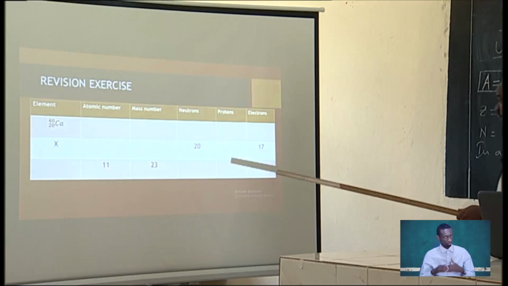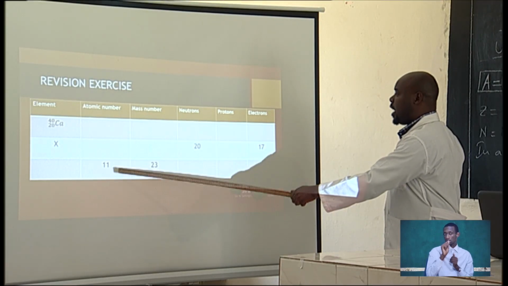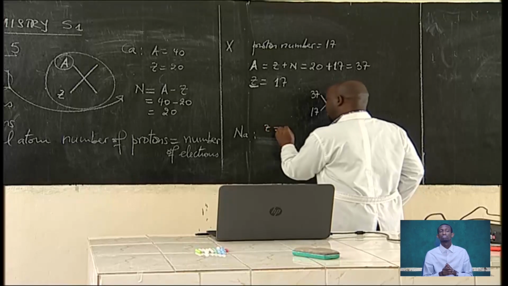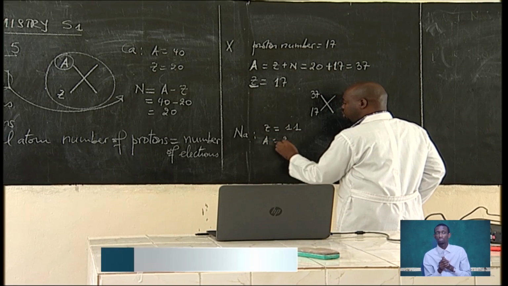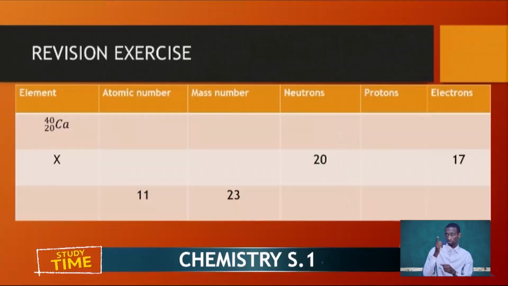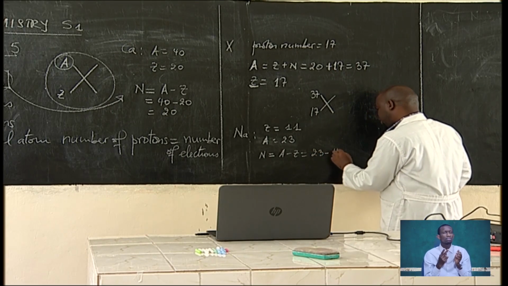We go to the next and the last. We have mass number, which is 23, and atomic number, which is 11. If you check well on your periodic table, you will find that the element which has atomic number 11 is sodium. So we have sodium, which has atomic number 11 and mass number 23. From these two values, we can determine the number of neutrons, which is A minus Z, and that is 23 minus 11, and we get 12.